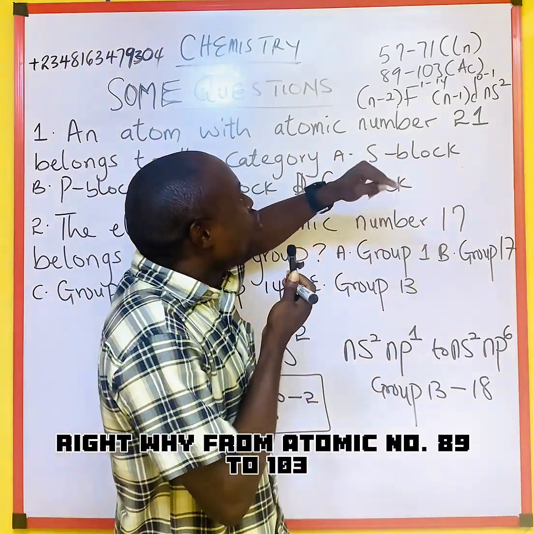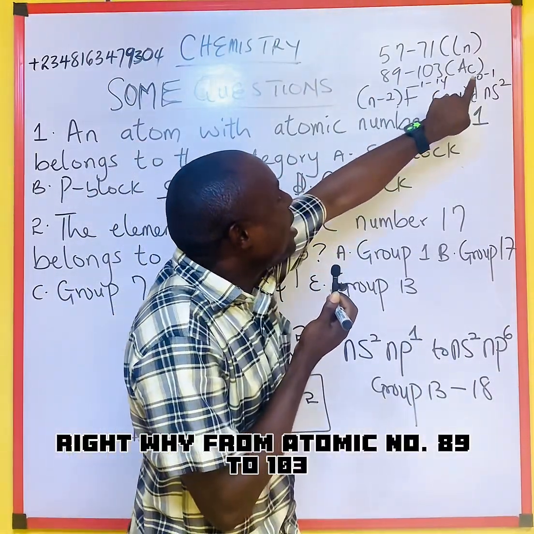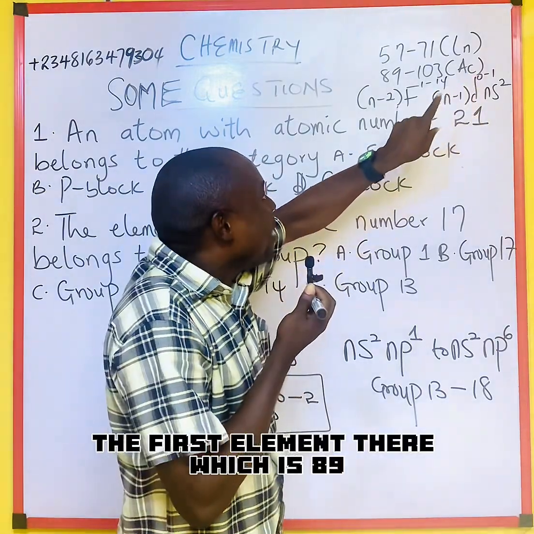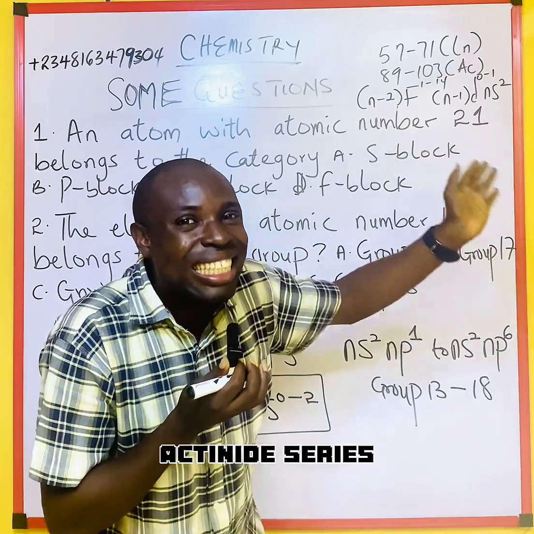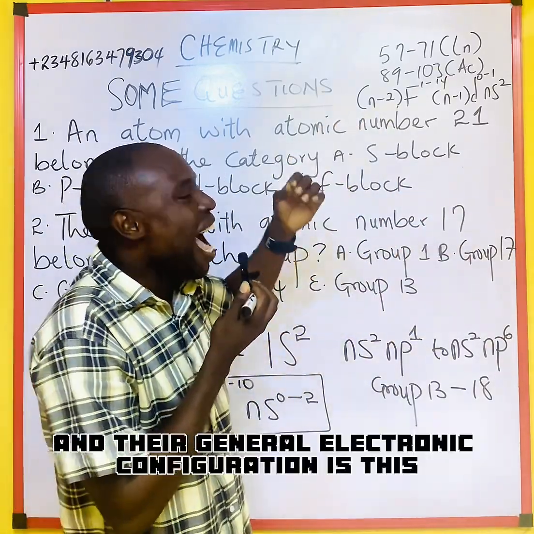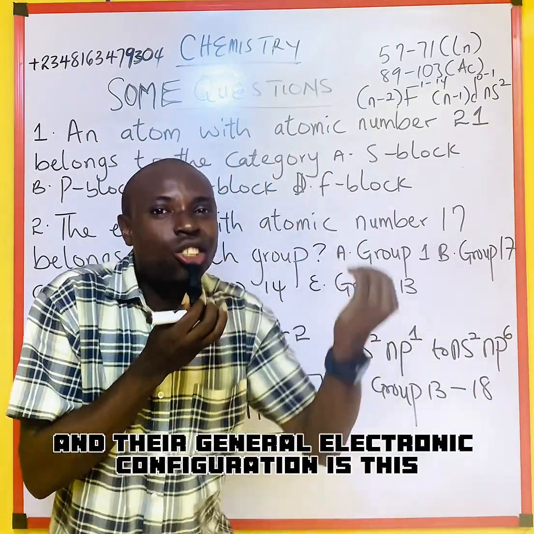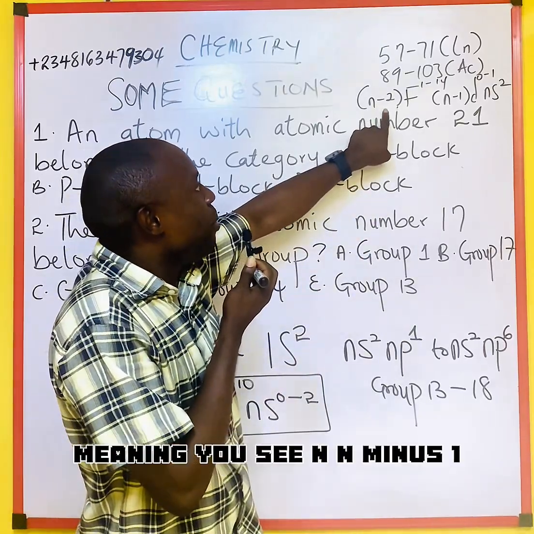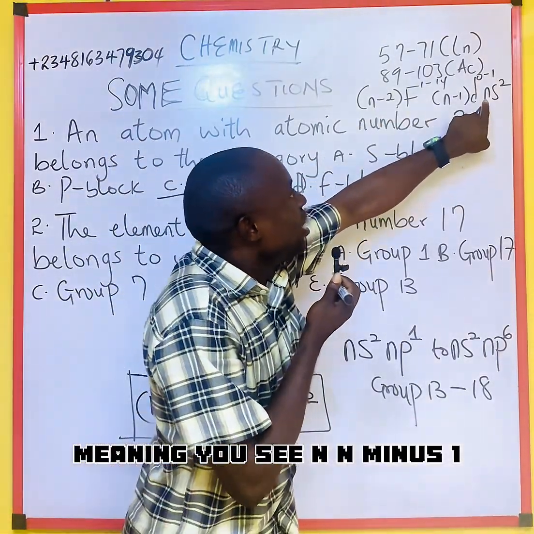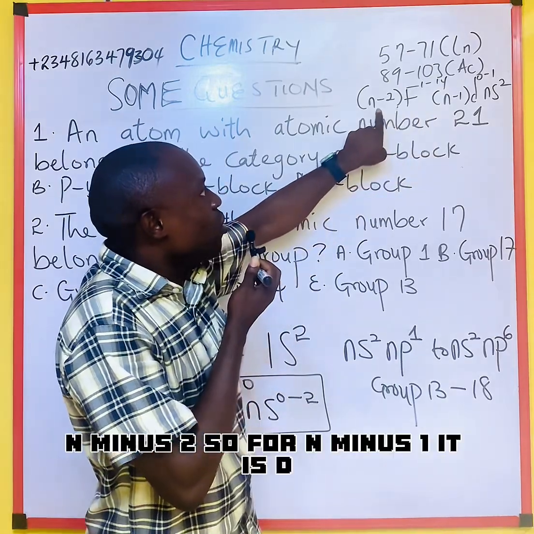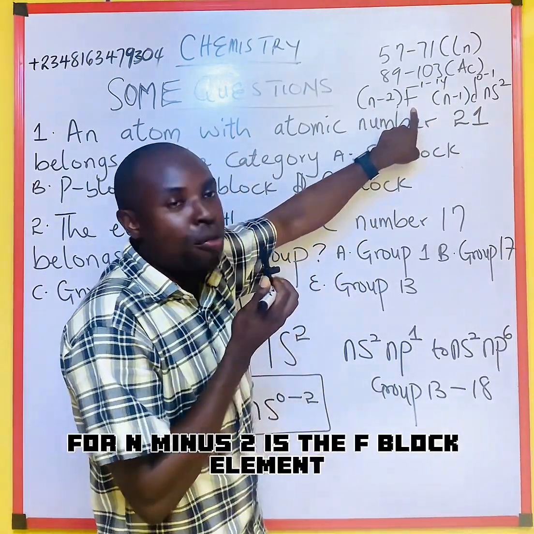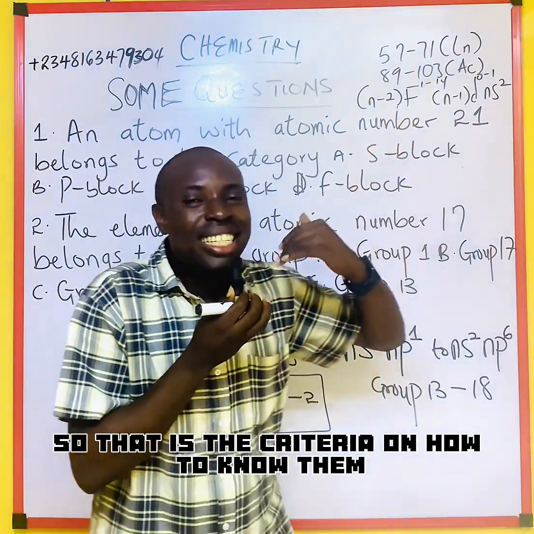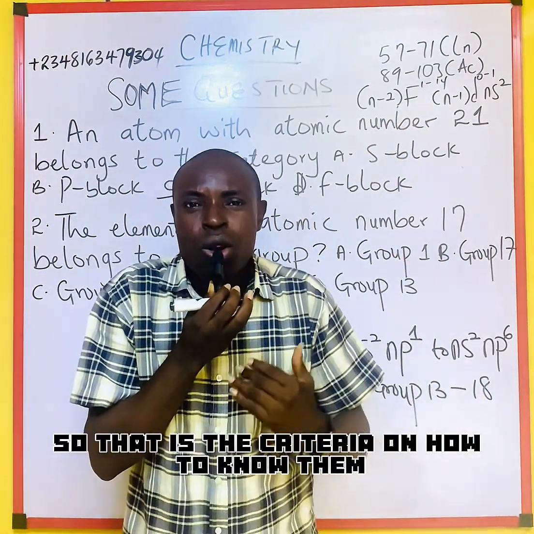From atomic number 89 to 103, the first element, 89, is actinium. That is where they get their family name, the actinide series. Their general electronic configuration is with n-1, n-2, so for n-1 it is d, and for n-2 it is the f block element. So that is the criteria on how to know them.